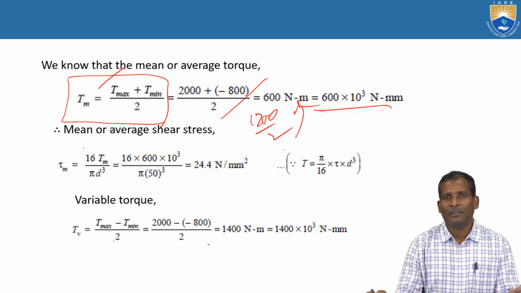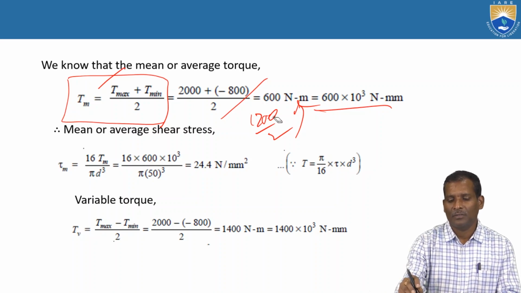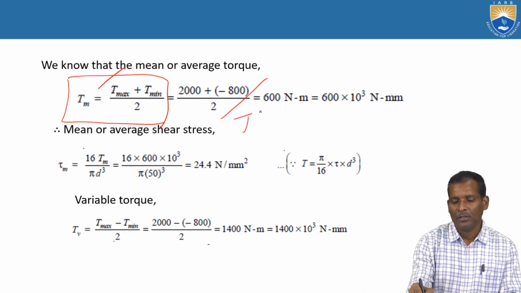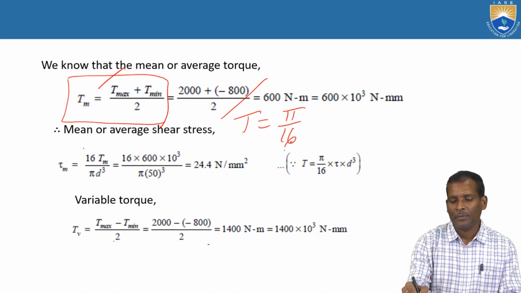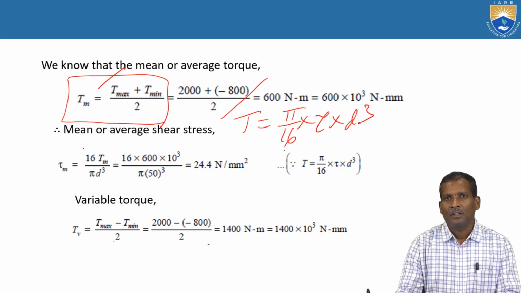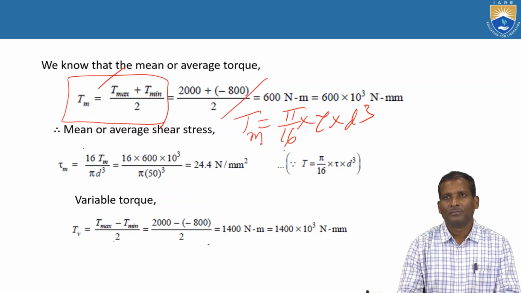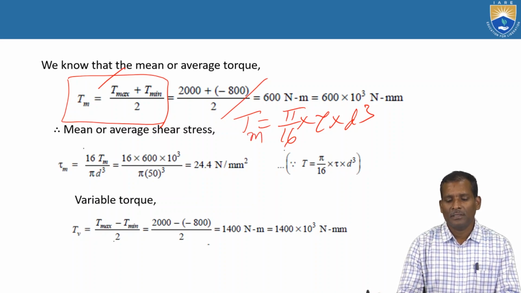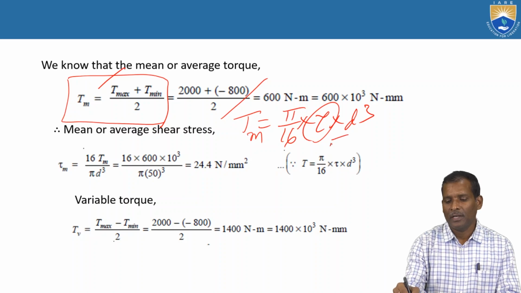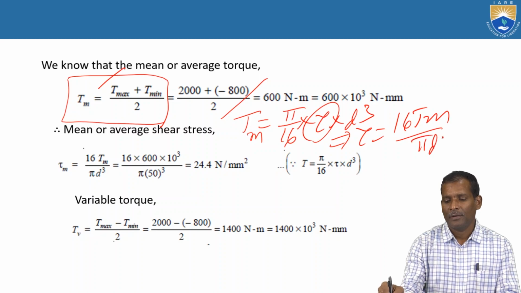Similarly, calculate the mean or average shear stress. The relation between shear stress and torque, you already know: T is equal to pi by 16 into tau into d cube. Here the mean torque is given and the shear stress we need to calculate, so tau is equal to 16 T mean by pi d cube.